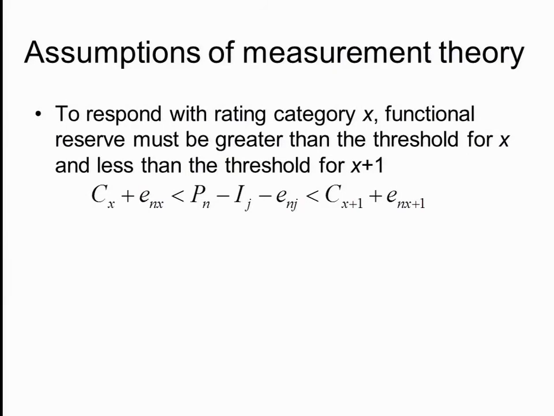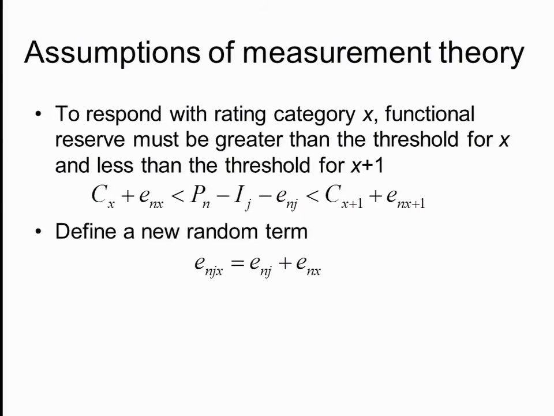Okay, so to respond with rating category X, functional reserve has to be greater than one threshold and less than the other threshold. So what we can do here is define a new random term. Simply what we're going to do is take E and J and add it to every term.